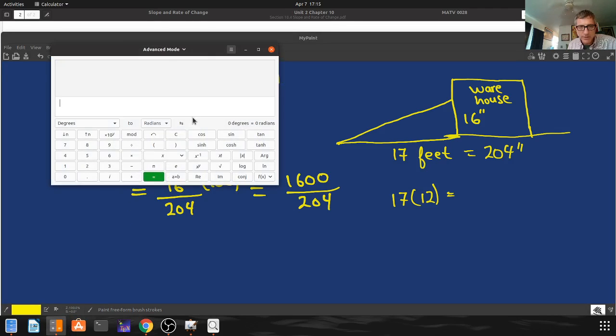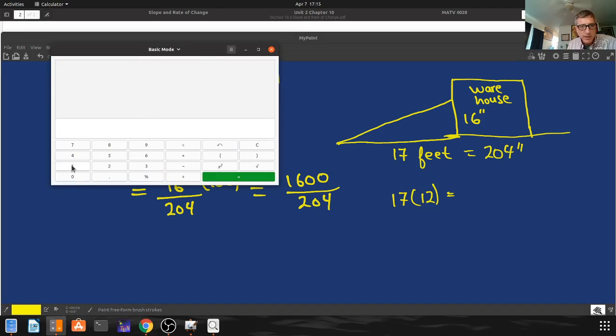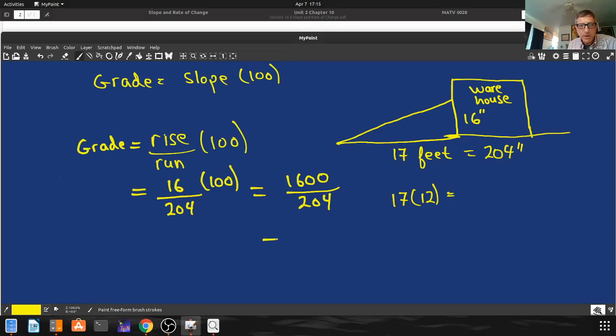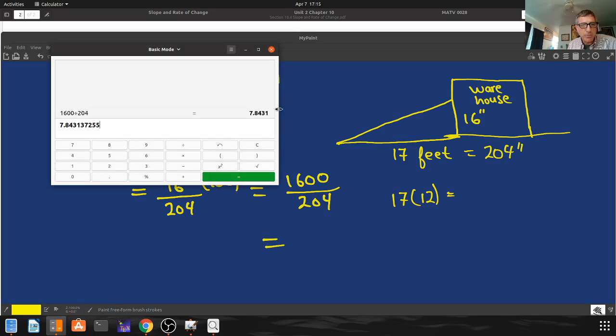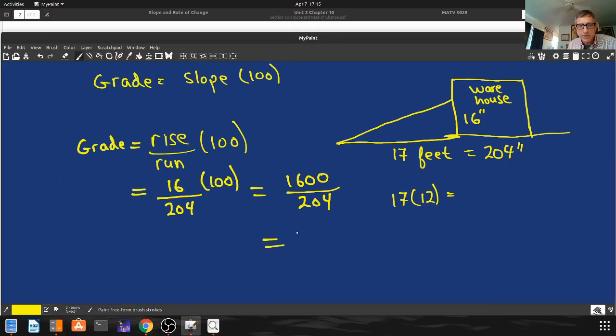I'm going to cheat because I'm just being lazy. I'm going to go over to the basic mode. 1600 divided by 204. And remember, because I multiplied it by 100, it's going to give me a percentage, and that percentage was 7.84.